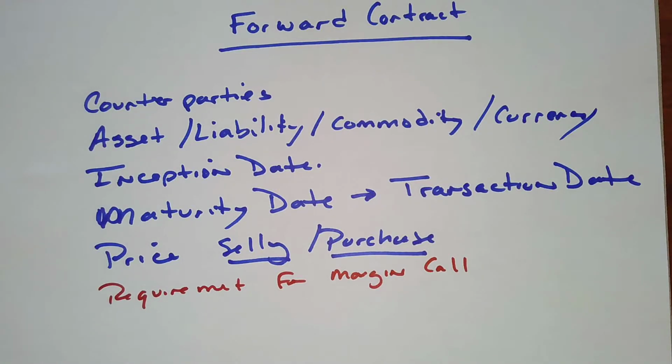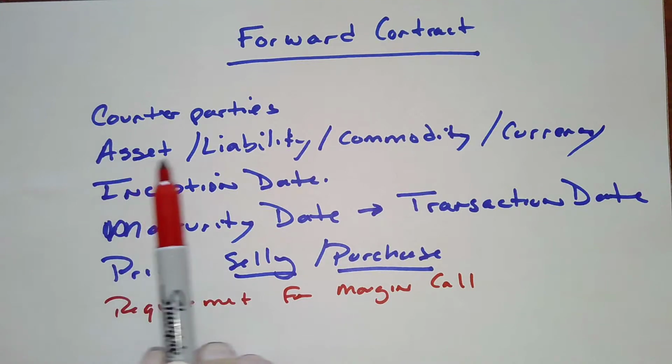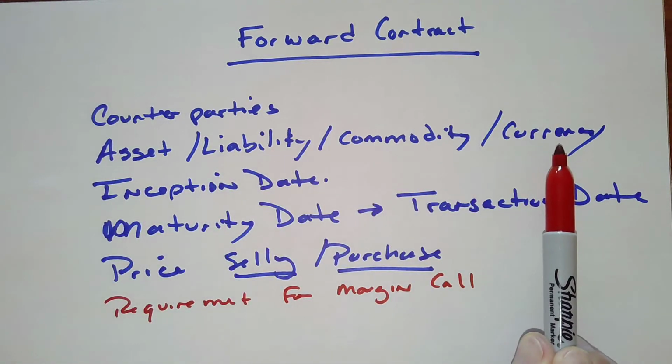The first thing we've got to do is figure out, well, what is the underlying? Well, we have to go back to looking at what is the asset, liability, commodity, and currency, right?